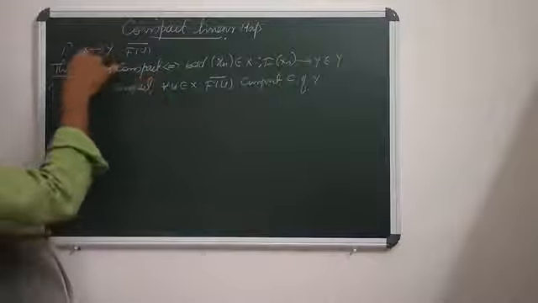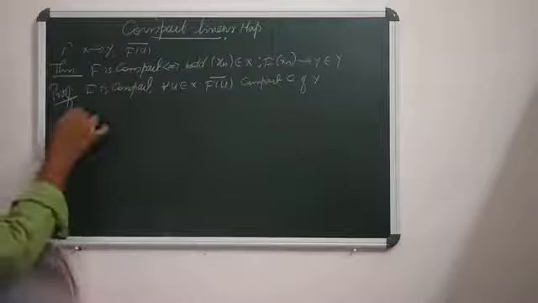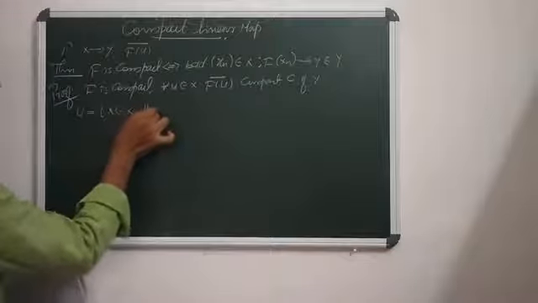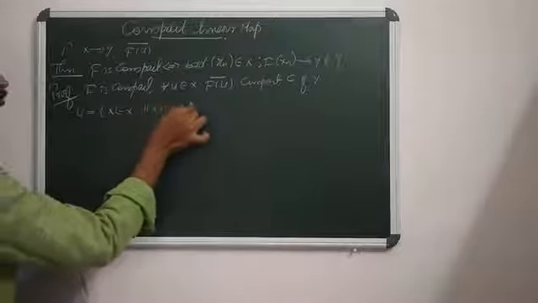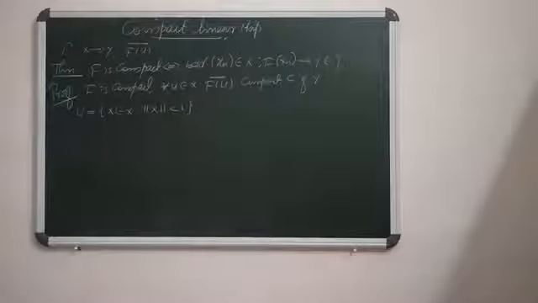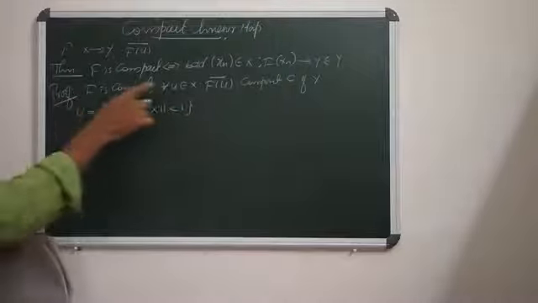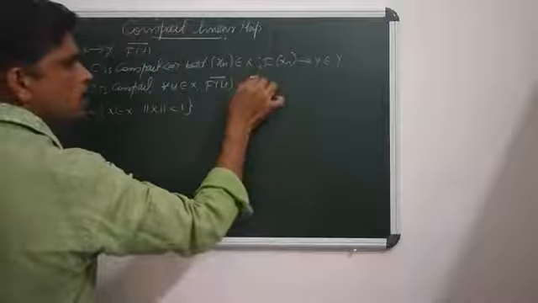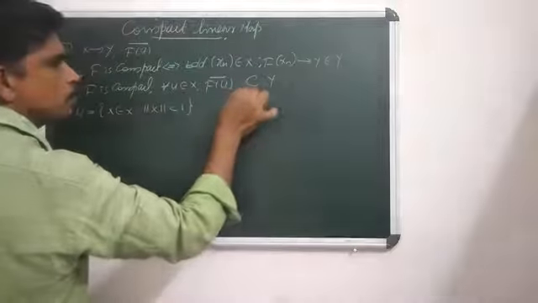Let U be the open unit ball in X, meaning U is defined as the set of all x in X with norm x strictly less than 1. Then for this open ball U in X, f of U closure is a compact subset of Y.